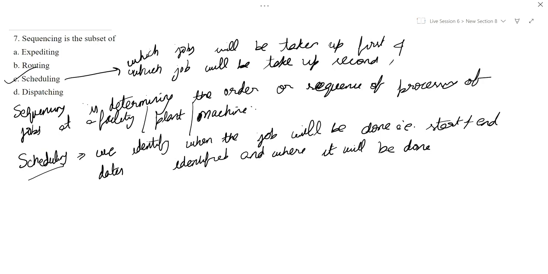This is the major difference between scheduling and sequencing.